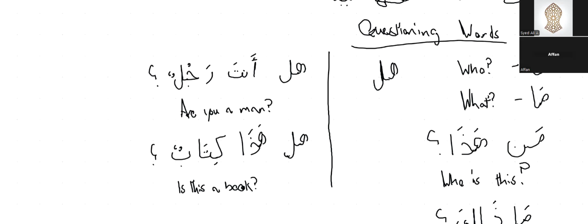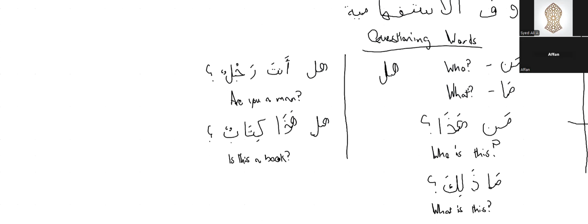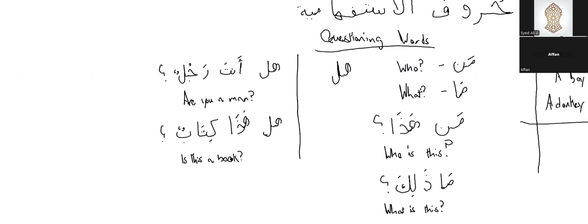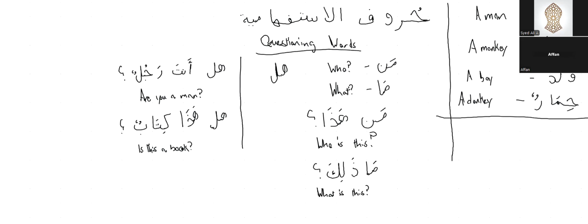The ayat Sharif is asking a question to someone, someone specific, right? So now we know that hal is referring to questions, and similarly for man and ma, right?